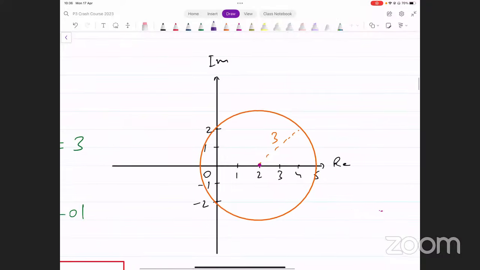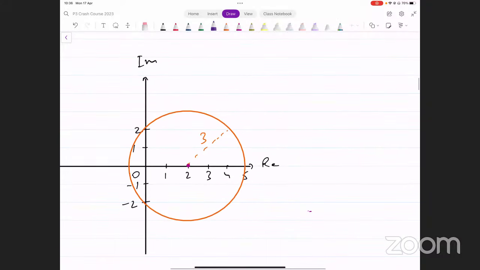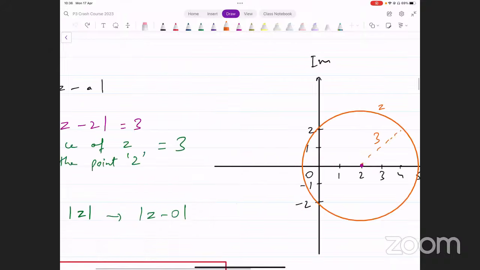So where could this point z be? It will be anywhere on the circumference of the circle such that the center of the circle is at the point 2, and the radius is equal to 3. So the distance of the point z is going to be 3 units from the point 2 at all times.